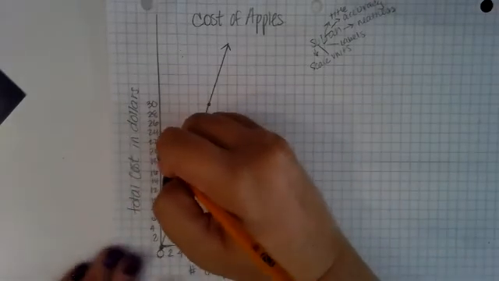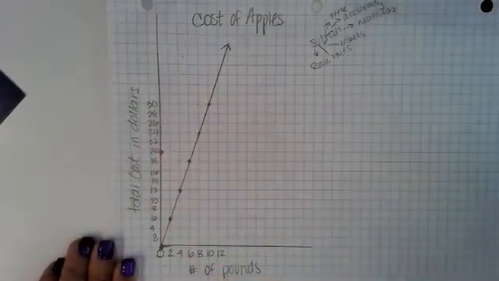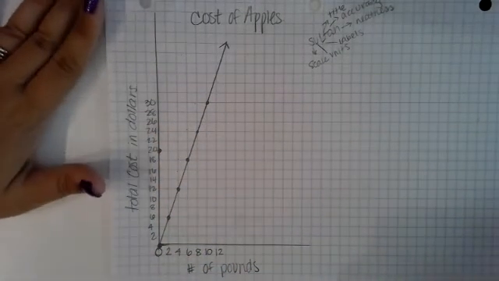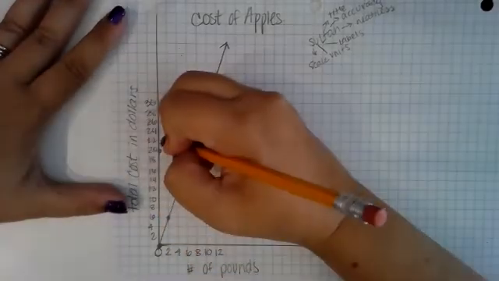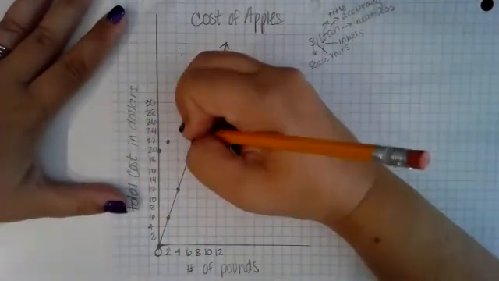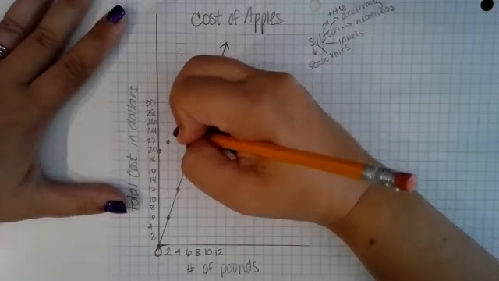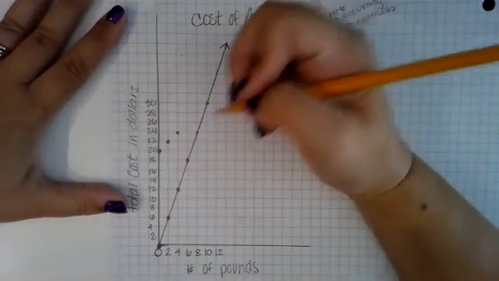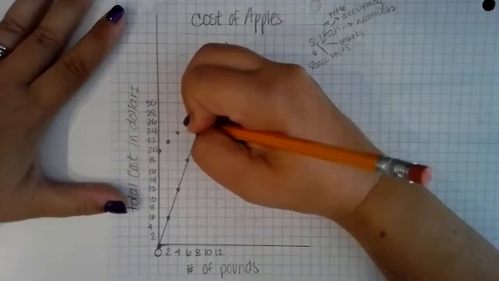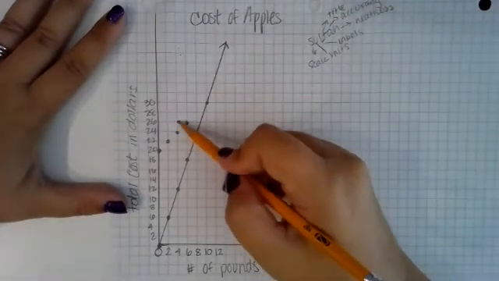Then I'm going to look at my Costco membership. So Costco starts up here at 0, 20 because I have that flat fee. And then I have 2, 22. I had 4, 24. I had 6, 26. And then if we look here, I'm up and over.